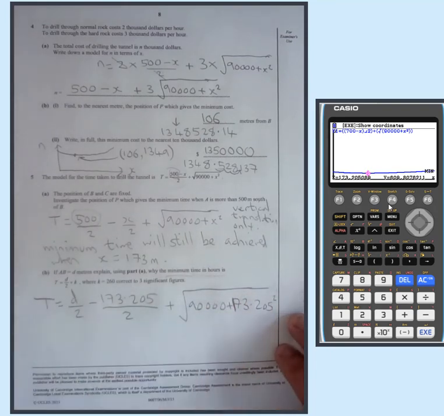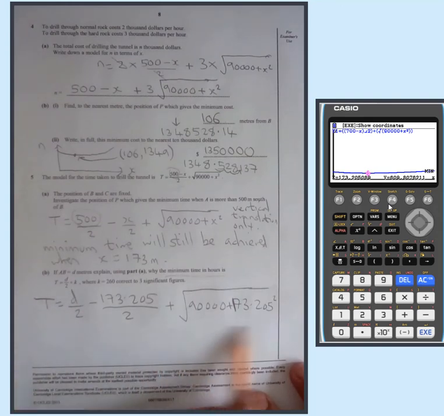Like that, get that one in. And hopefully all of this here will be very close to 260, and then we've got what we want.